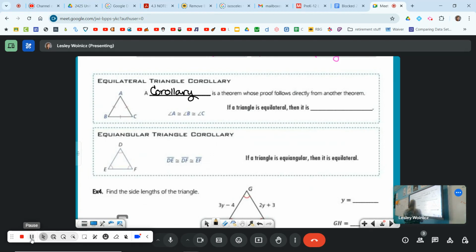Okay, if a triangle is equilateral, then it is also equiangular. All right, we already knew that. So this one is just the reverse. If we know that it is equiangular, then we also know it's equilateral. If you know one, you know the other.